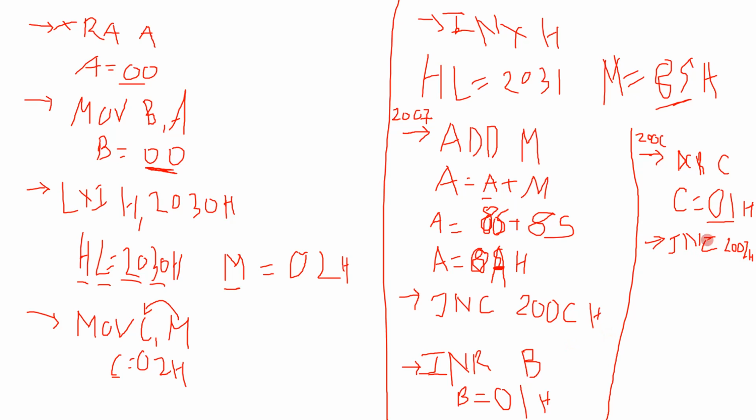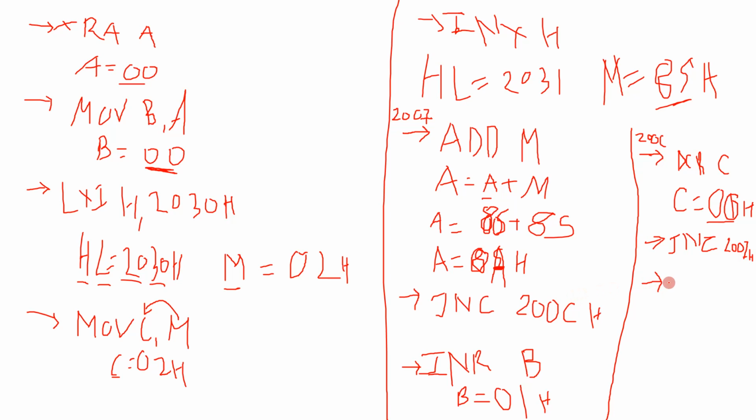After INR, DCRC is there. C will be decremented, C will become 0 0. The condition after this is JNZ, jump on not 0. But we got the 0, condition is not satisfying. So it will not jump to location 2007, it will execute the instruction soon after JNZ.